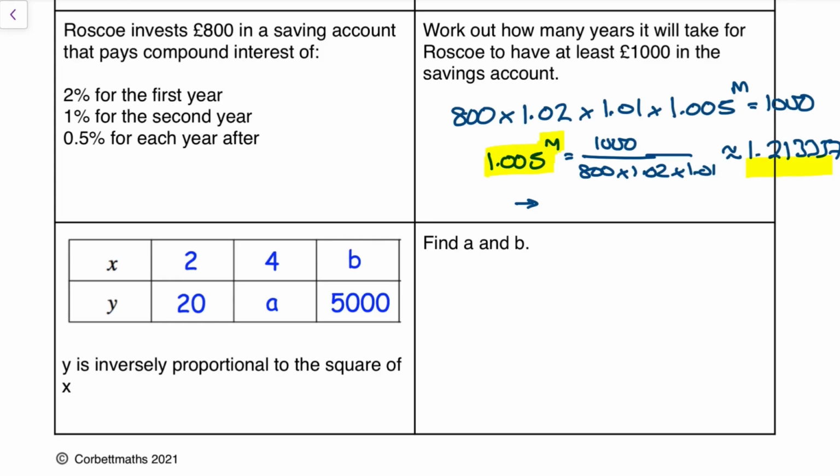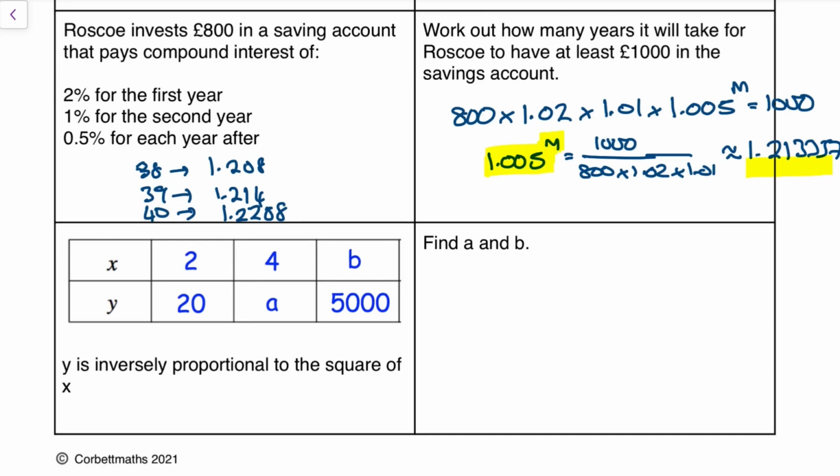Okay, so this is what I've got to. So if I do m is 38, actually let's do it as a little table over here. If I do m is 38, that gives me 1.2088 something. If I do m is 39, I've got 1.214, 1.215 actually technically, and m is 40, I get 1.2208.